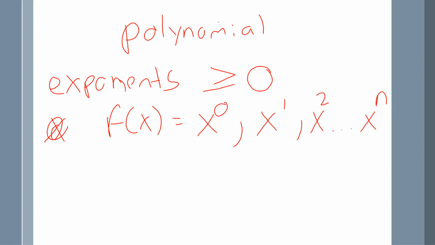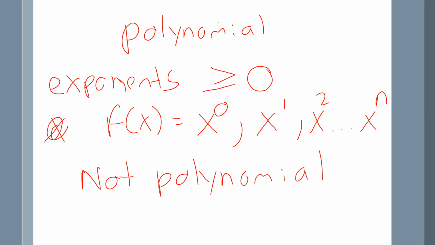What does it mean for something to be not a polynomial? Anything with a root, anything with a negative power, like x to the negative 1, or x to the negative nth.